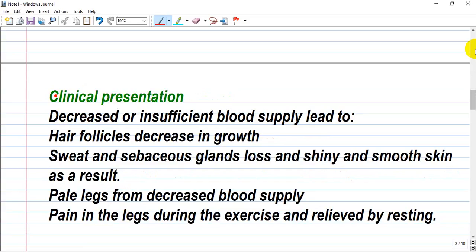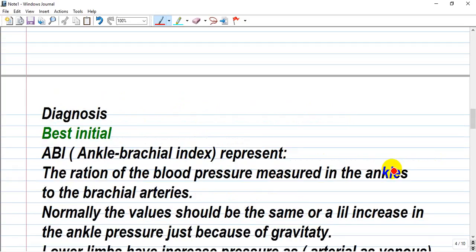We'll have a pale limb or a pale leg, also atrophy of hair follicles, sweat glands, and sebaceous glands, and hair loss will be seen in the patient. One of the pathognomonic signs is pain in the legs during exercise that is relieved immediately by resting.